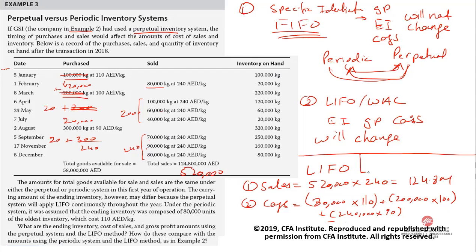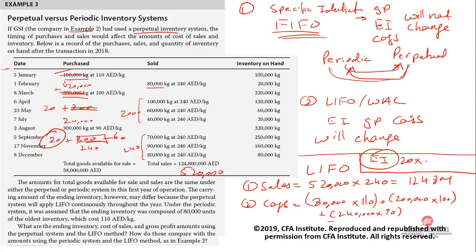And lastly we need to find out ending inventory. Let's make our ending inventory portion over here. So we sold 240 out of this 300, so we are left with how much? 60. And we are also left with this 20. This 20 is coming from our first purchase.